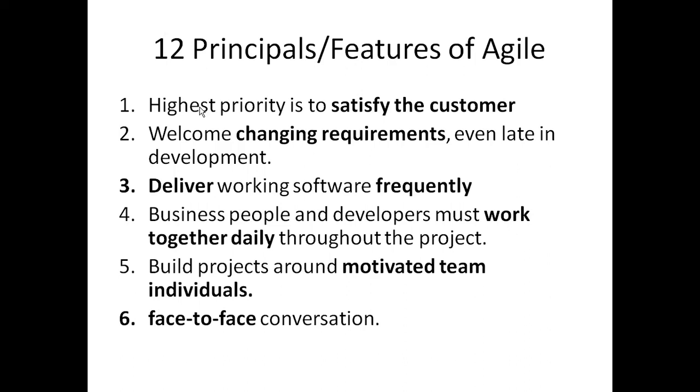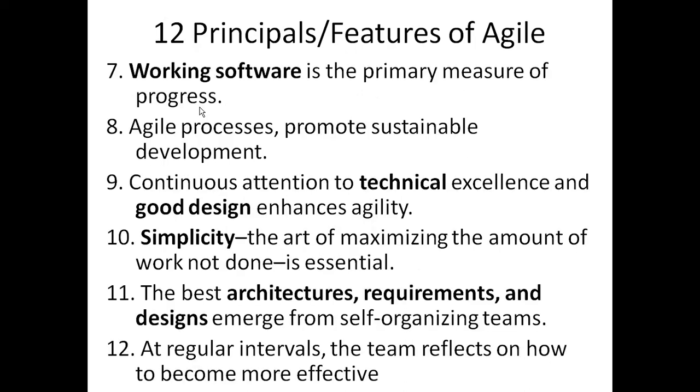So the product should be built by a motivated team. Sixth, face to face conversations. Obviously we can have virtual, but the main concern in agile is face to face conversation, discussing the advantages or some background of the product which we are developing, and each one should give some proper suggestion regarding them. Seventh one is the working software is the primary measure of progress.